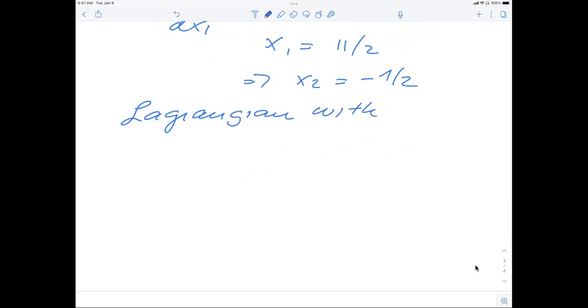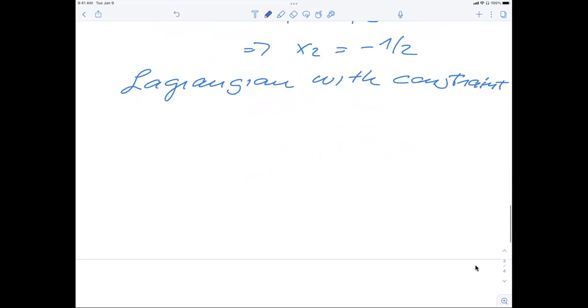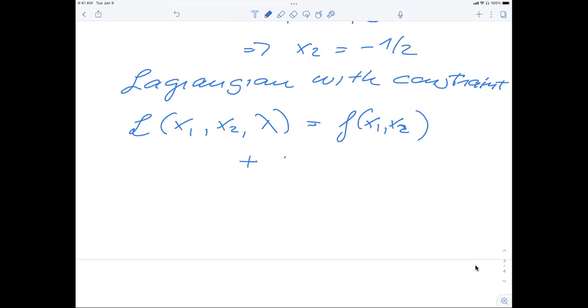On Friday, we just took a top-down approach to this. And today we are going to try to bring in some more mathematics here. So we can now define, for this specific case, a Lagrangian, which depends on x1, x2, and a parameter lambda, which is simply the function we started with plus lambda times g.